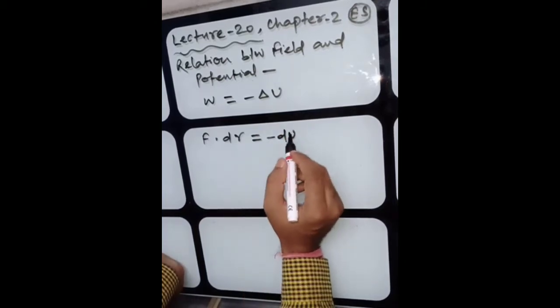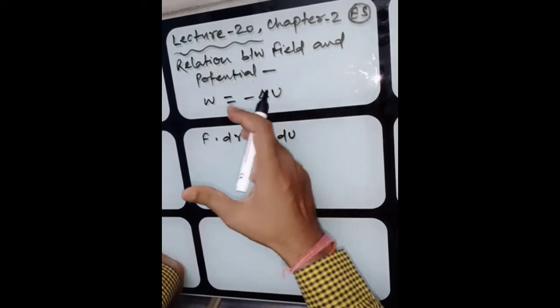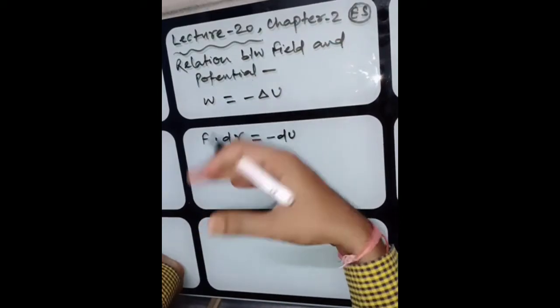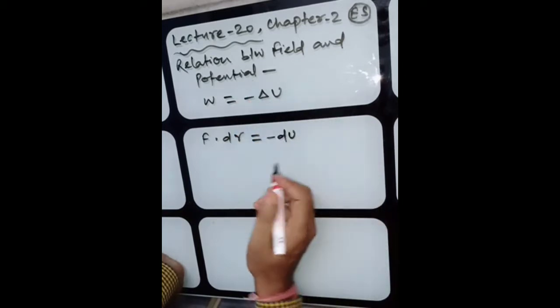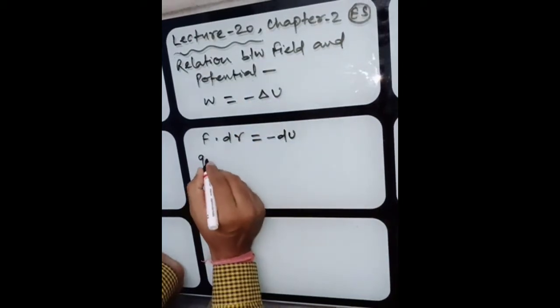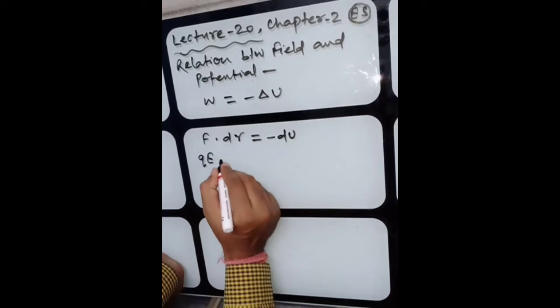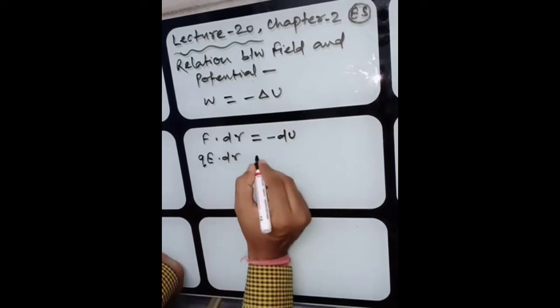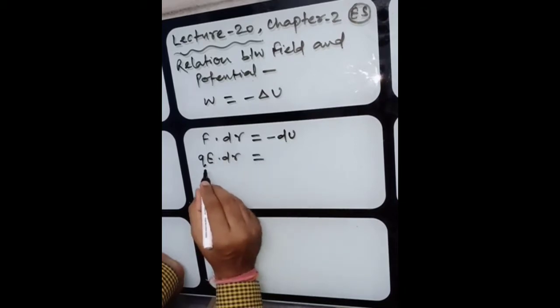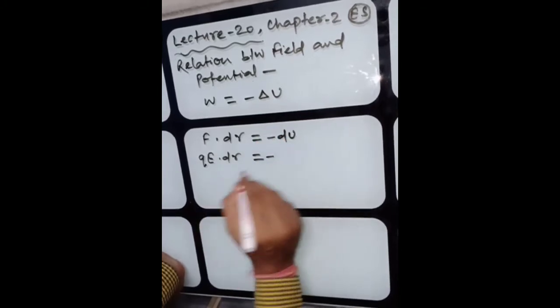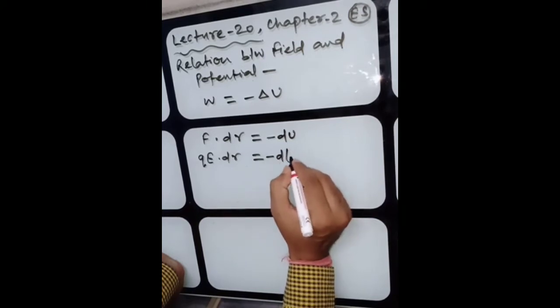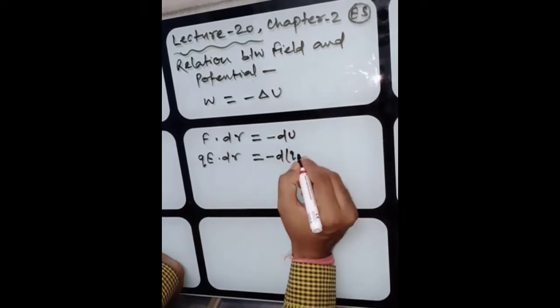Now students, as we know, if any charge is placed in the presence of an electric field, it experiences a force. If we are talking about the charge, it is Q times E dot dr, and the same charge measures the potential energy U with the potential V. So we can write minus d(Q times V).